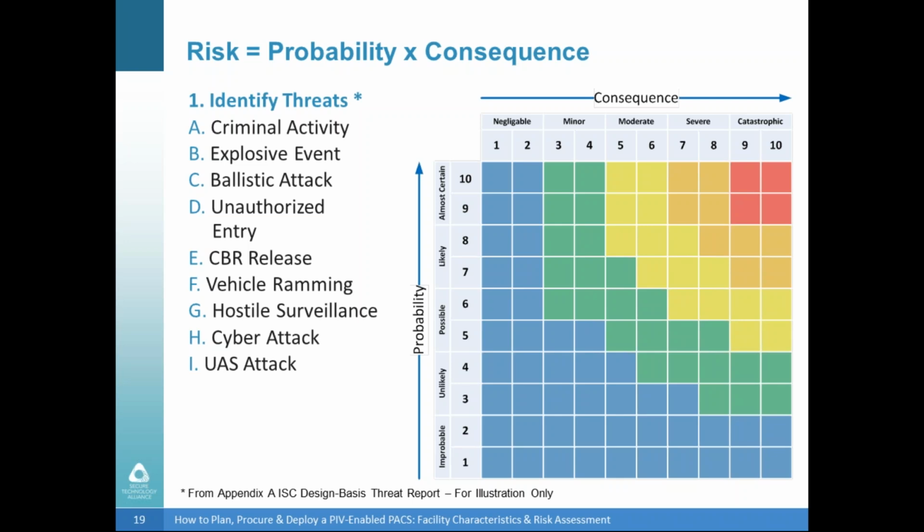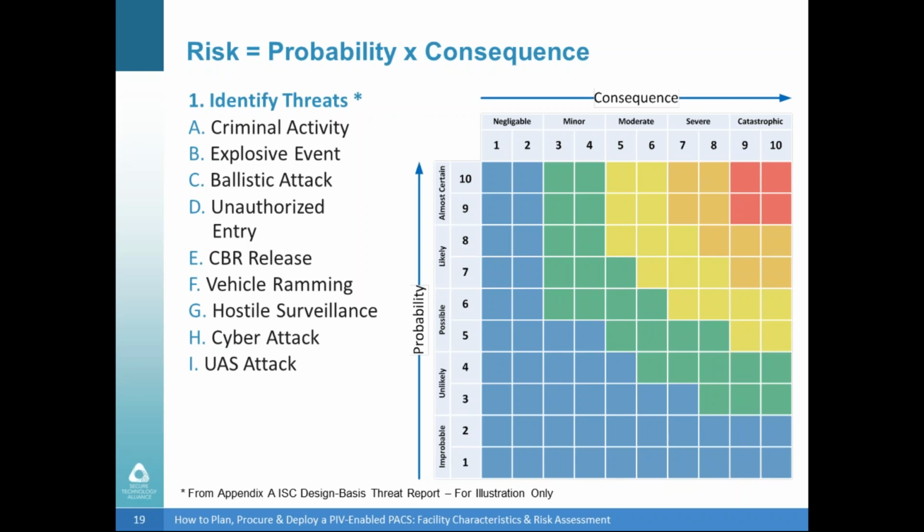The first step is to list all the threats to the facility. The order isn't important here. Just list them as they're identified. In this example, I use some of the threats from the ISC Design Basis Threat Report. Each of them can be broken down into smaller categories. For example, criminal activity can be broken down into assault, kidnapping, robbery, theft, vandalism, civil disturbance, and workplace violence.